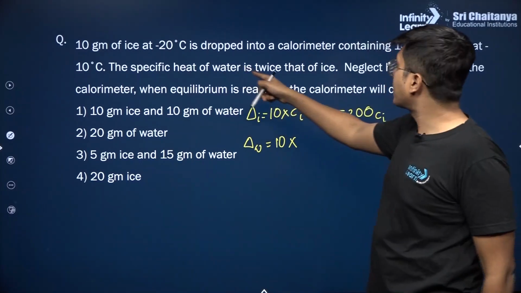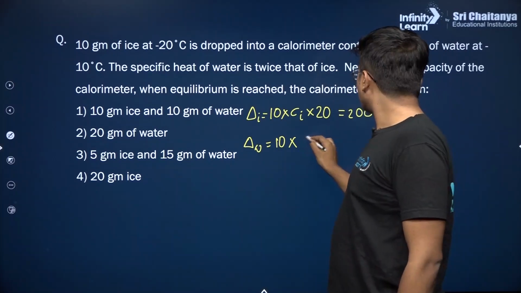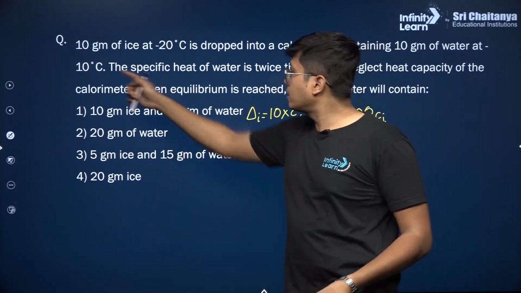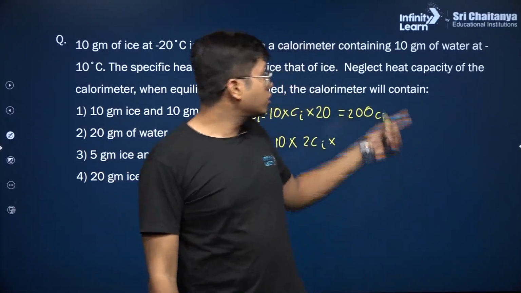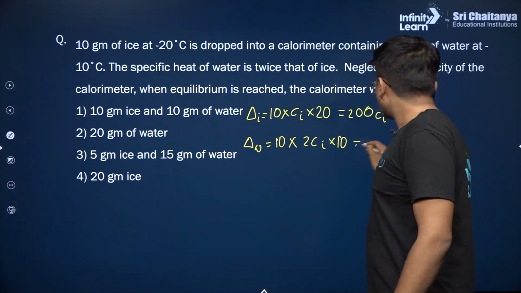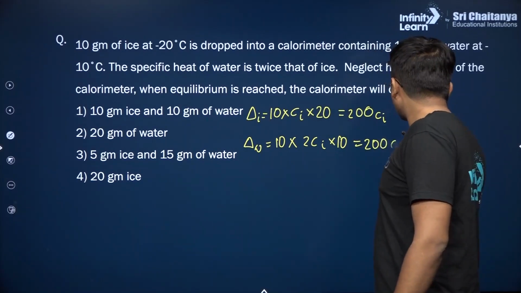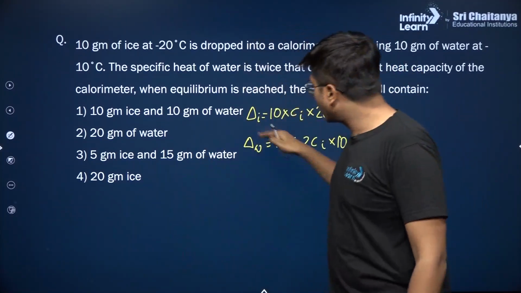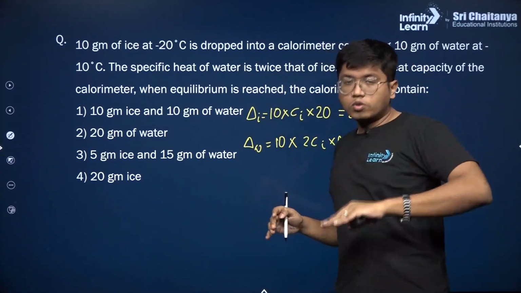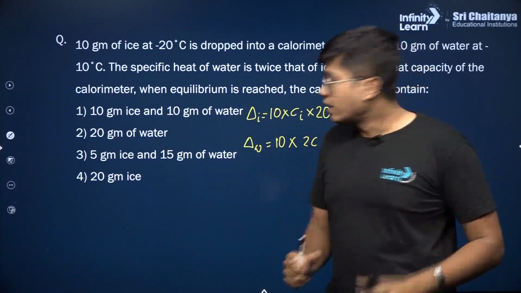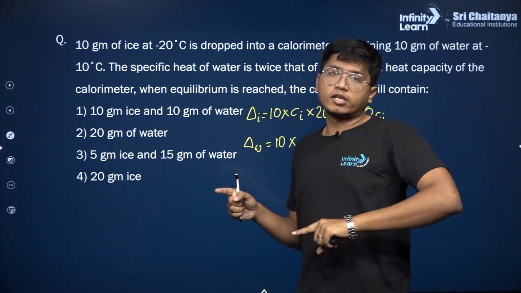The specific heat capacity of water is twice that of ice, so 2 Ci, and the temperature change that has to happen is to go from 10 degrees Celsius to 0 degrees Celsius. So 10. So you see this will also come out to be 200 Ci, which means the energy that this water loses to come down to 0 degrees Celsius is exactly the amount of energy needed by the ice to come back to 0 degrees Celsius.